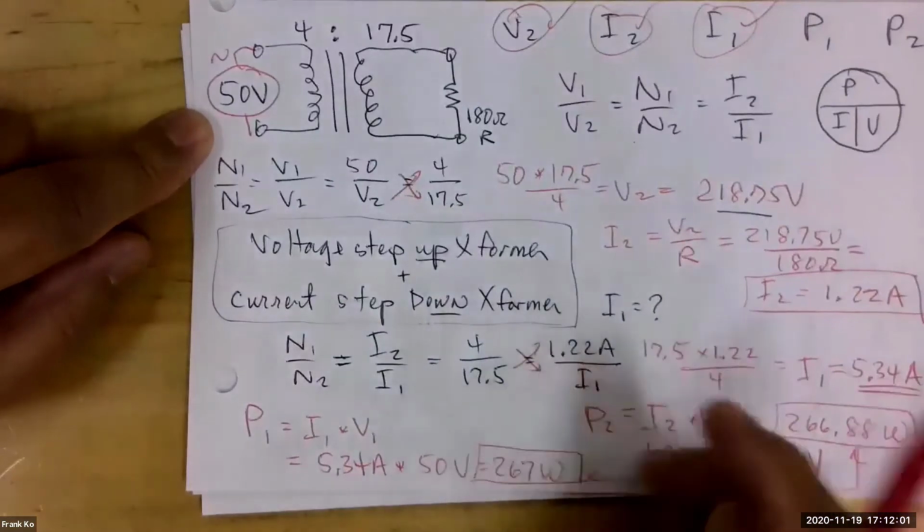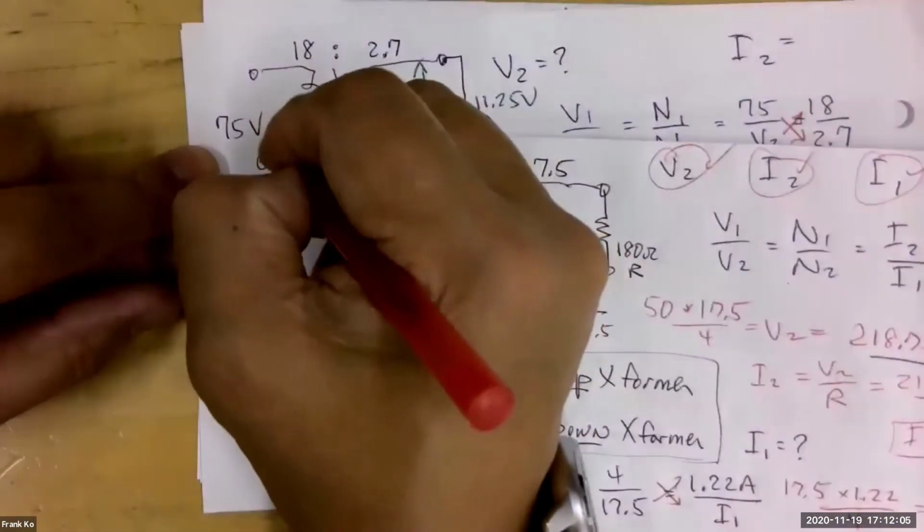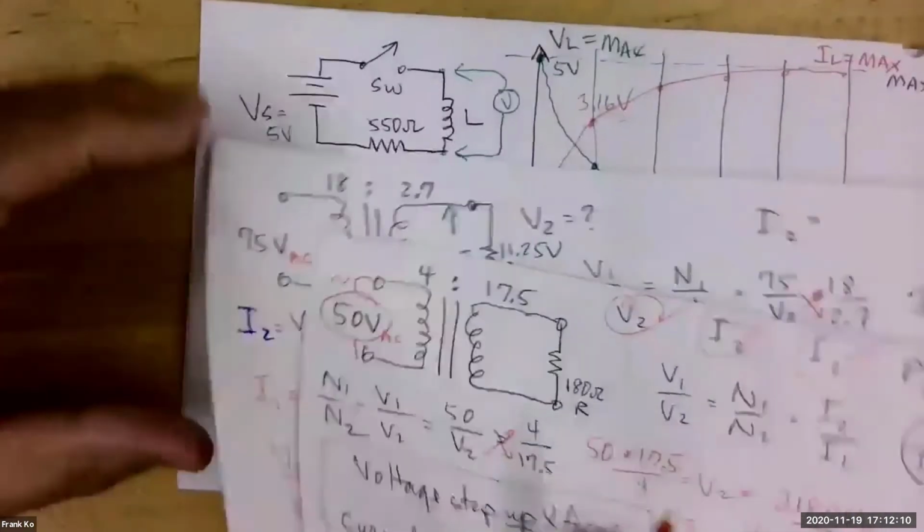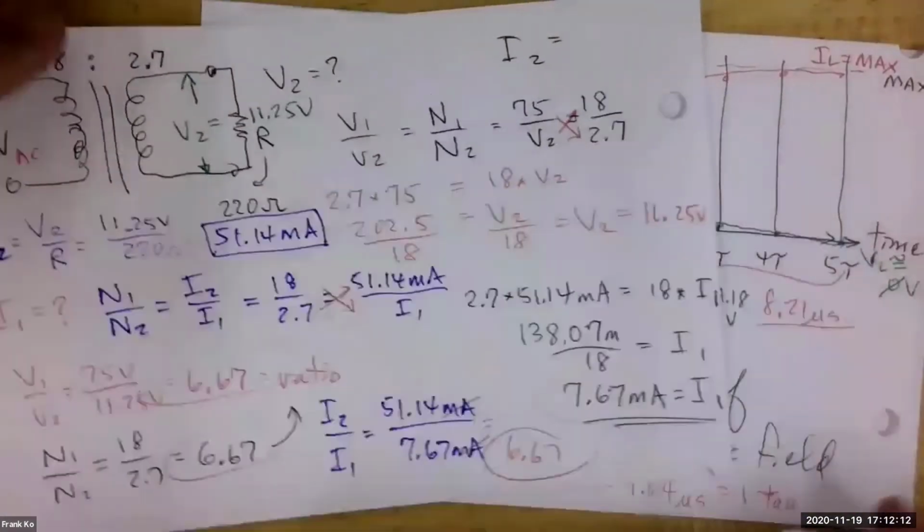So this is 50 volts AC, and this was 75 volts AC. In all other instances of transformers that we've done, they were AC, okay?